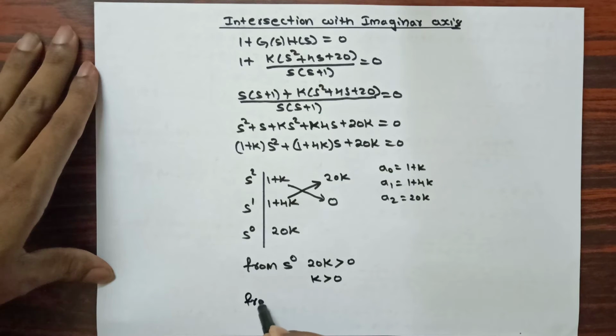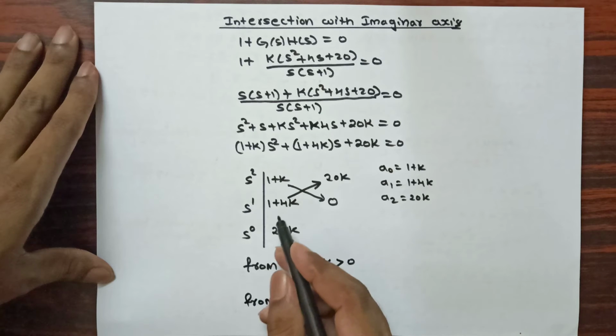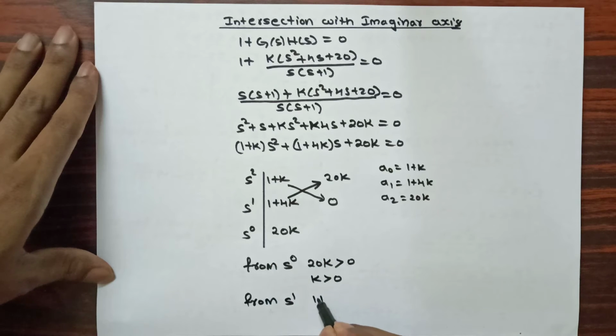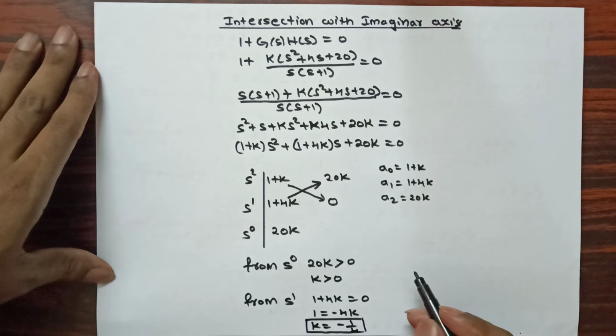Then from s to the power 1, we have 1 plus 4k is equal to 0, that is 1 is equal to minus 4k, here k is equal to minus 1 by 4. So here I am getting a negative k value, therefore I am not going to get the intersection with the imaginary axis.